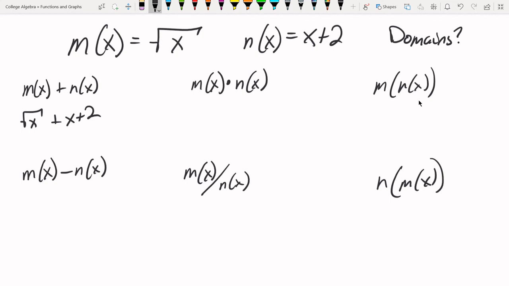Now, what's the domain? We kind of look at each part and consider the domain of each of the functions. So first off, we have the square root of x. This has a domain of 0 to positive infinity, including 0. And the next part here, x plus 2, this has a domain of everything. You must look at the more restricted domain because that's where we're going to have issues, right?